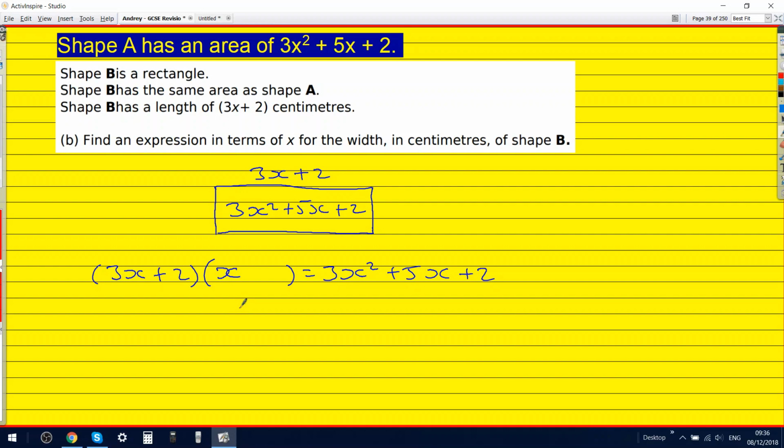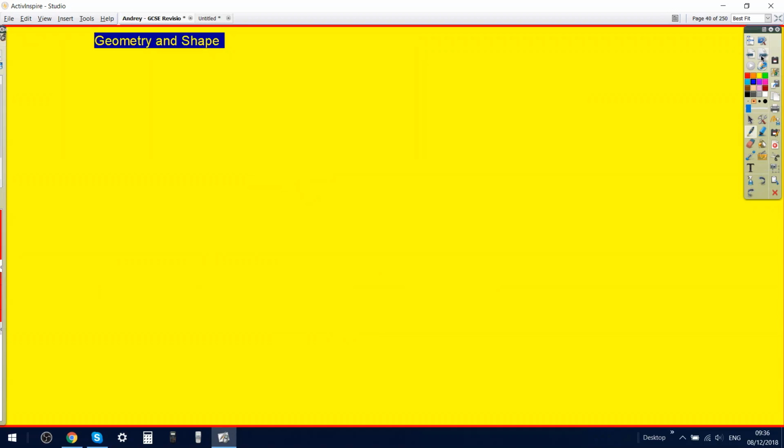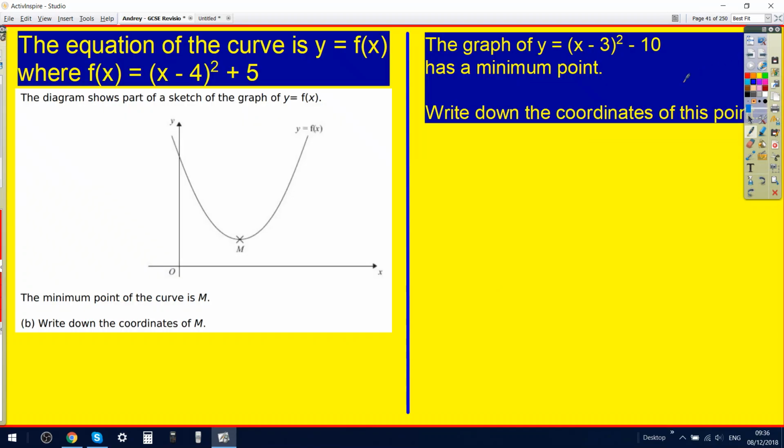The 2. So plus 1. Yeah, that's it. And so it's x plus 1. So it's just figuring out, working in reverse. It's like factorizing, except they gave you one bracket. And they put it into context. Okay, how about this one on the left?